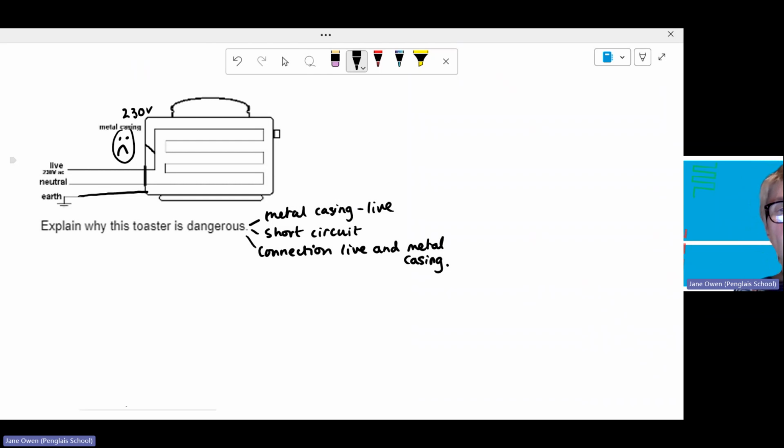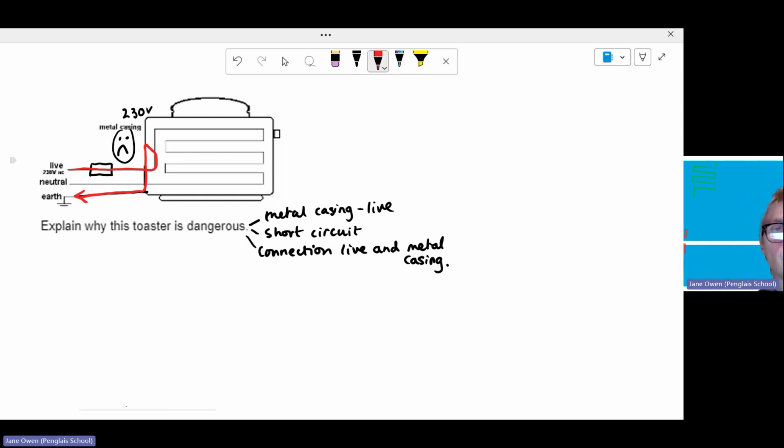In addition to having an earth wire connected to the toaster, we also put a fuse in. The fuse always goes in on the live. So when there's the short and all of that current floods down, the current's going in through here, and then it goes through the short here, and then literally it goes down through the metal casing and down the earth.